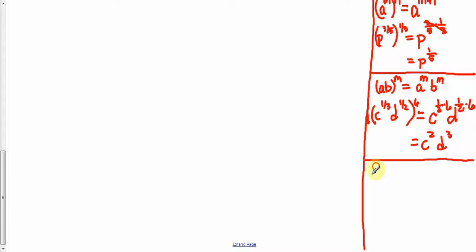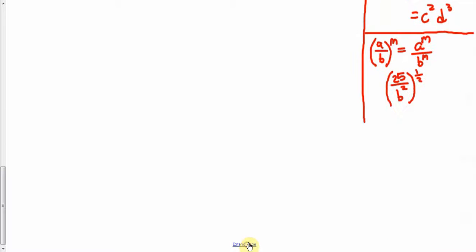And then the same thing for power of a quotient. A over b all to the nth power means a to the n over b to the n. Your example is if you have 25 over b squared all to the 1/2 power.